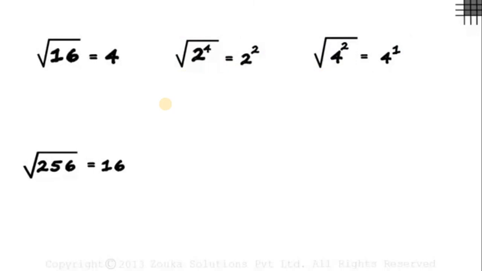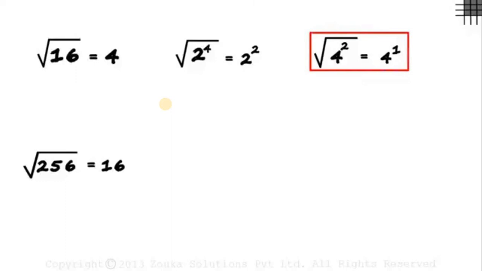What do you observe? What happened to the base and what happened to the power? Looking at the first example, the base remains the same and the power becomes half, or is divided by 2.